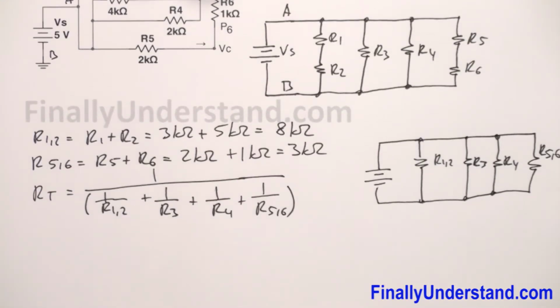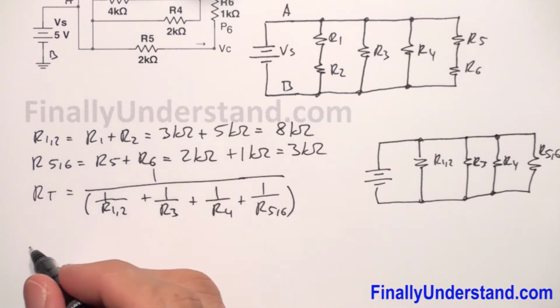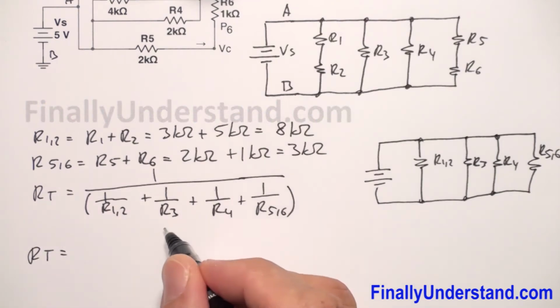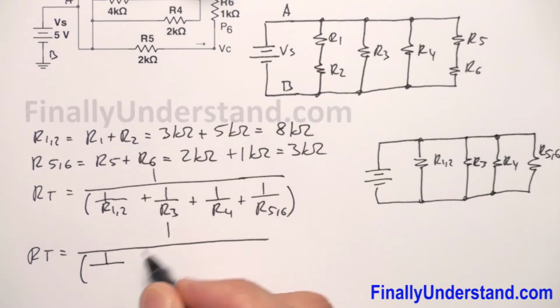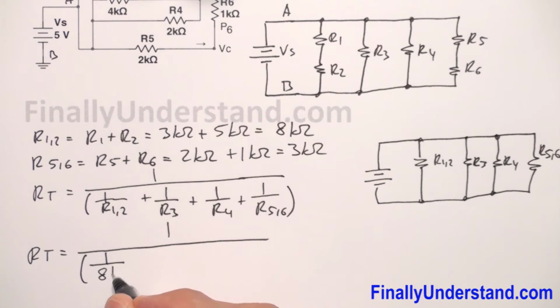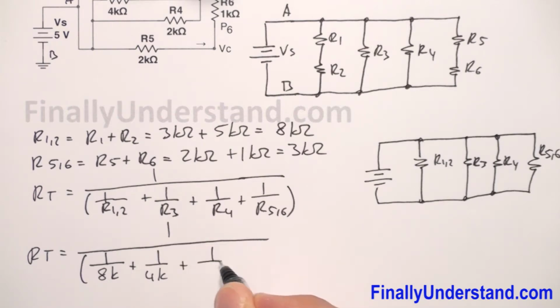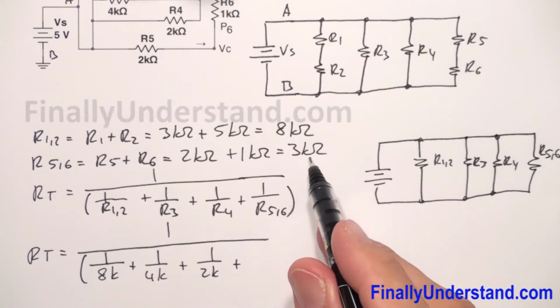Okay, so now we're supposed to simply substitute the variables by the resistances. So R total is equal 1 divided by, open parenthesis, 1 over R12, which is equal 8 kilo ohms, plus R3, which is equal 4K, plus 1 over R4, which is equal 2K, plus 1 over R56, which is equal 3K.